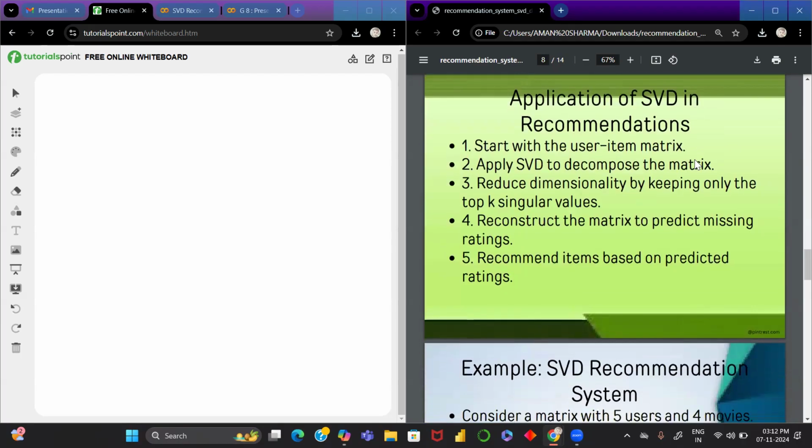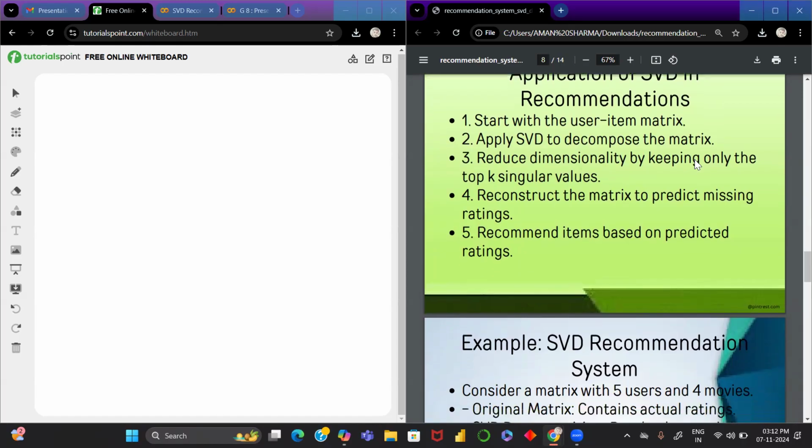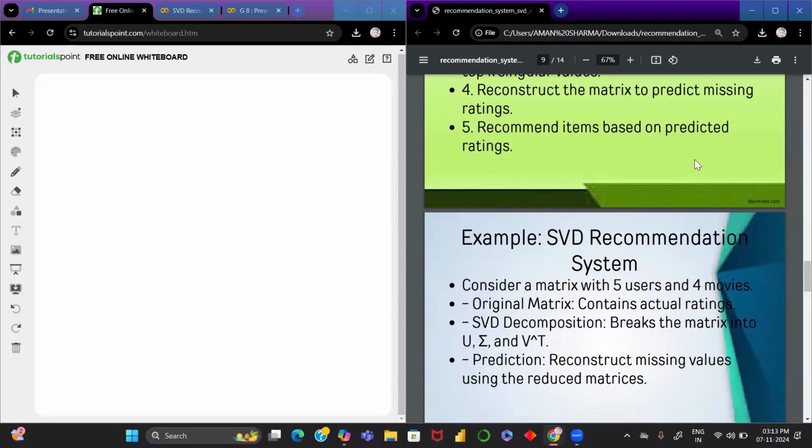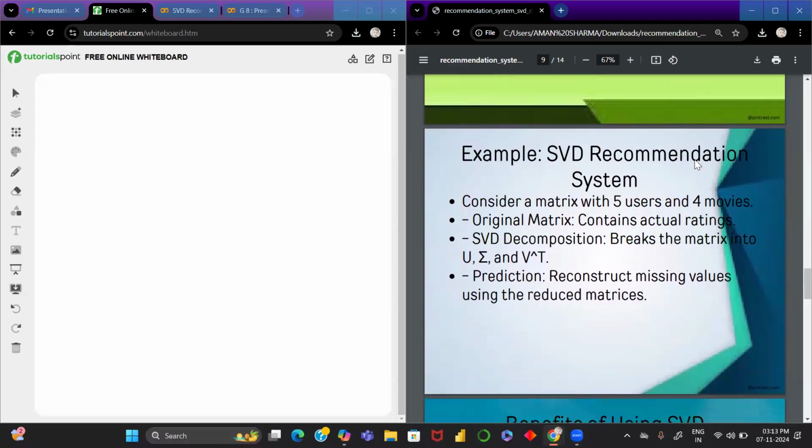So the application of SVD in recommendations is: start with the user-item matrix, apply SVD to decompose the matrix. It reduces the dimensionality by keeping only the top latent values. Then reconstruct the matrix to predict missing ratings, and recommend items based on the predicted ratings.